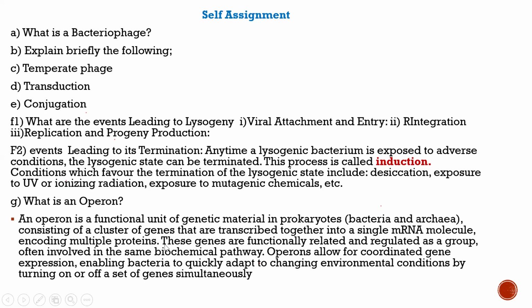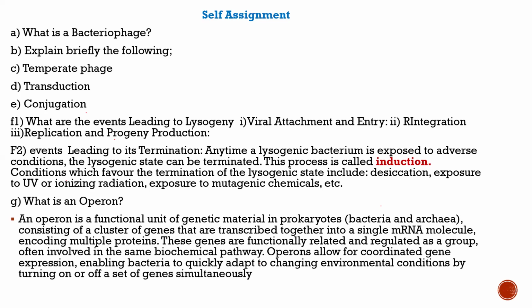So the major thing about the operon is that it's just a part of the genetic material in bacteria. It allows the bacteria to quickly replicate, or grow fast in the environment, to be able to adapt to any environmental condition it finds itself in. So that's what an operon is.